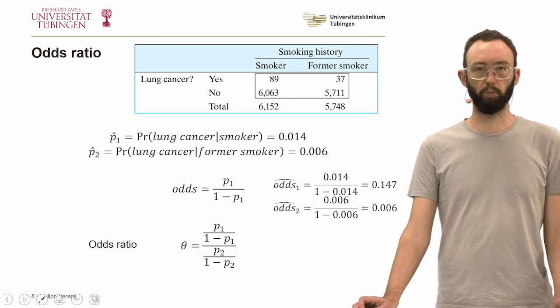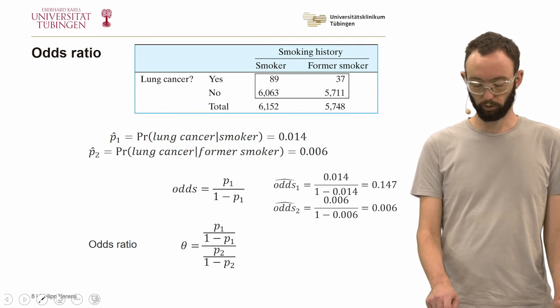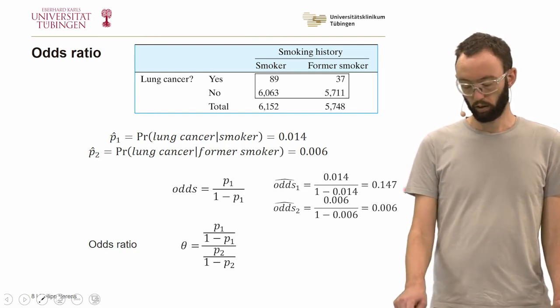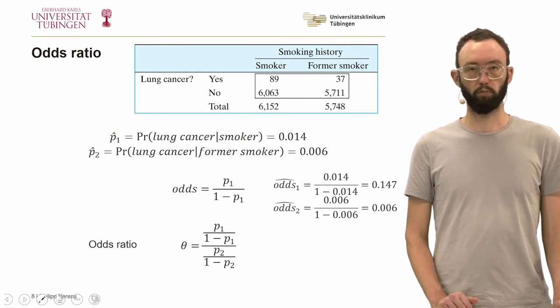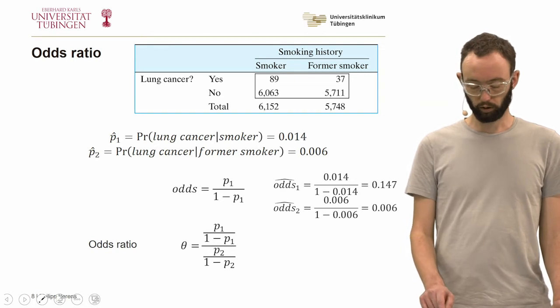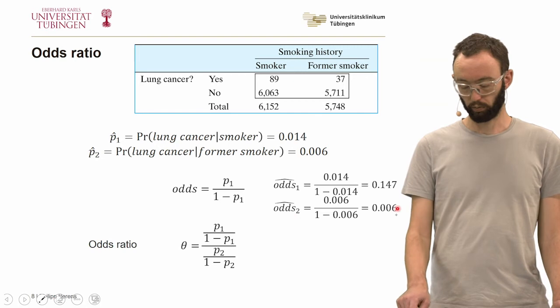So in our example of the smokers here, the odds of having lung cancer while being a smoker is 0.0147, if you just plug in the numbers. And the odds of having lung cancer when you are a former smoker is 0.006.